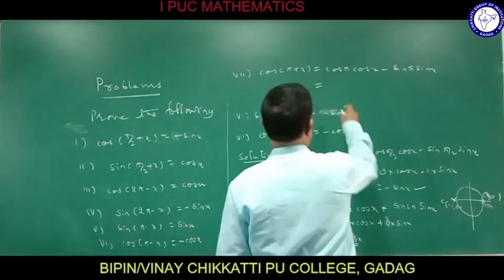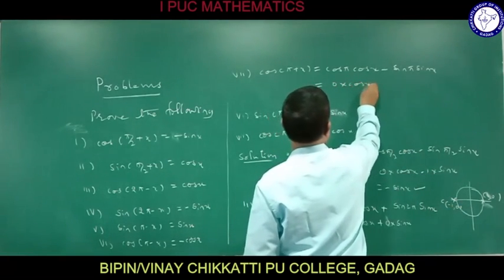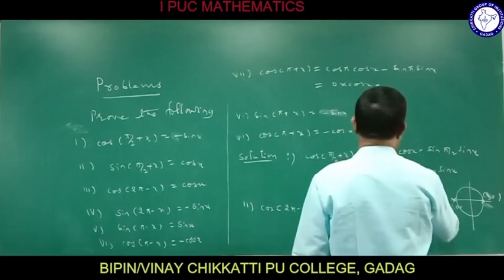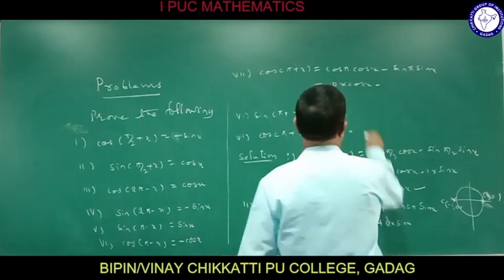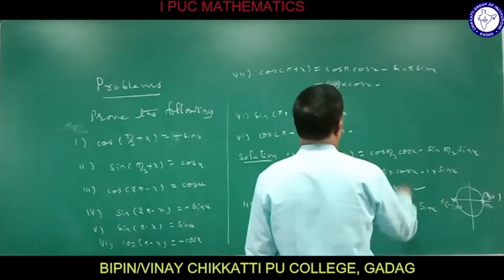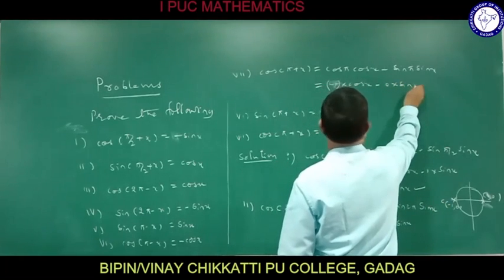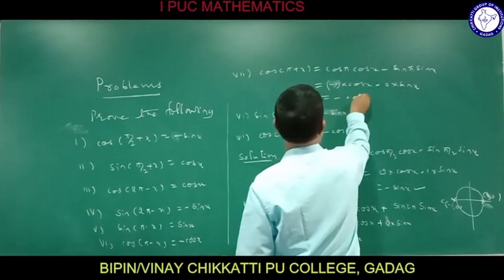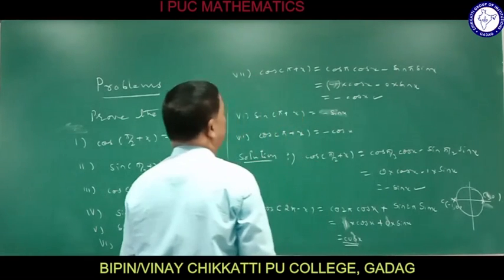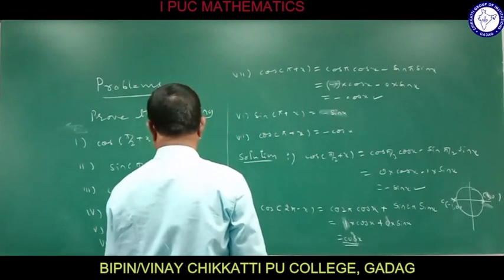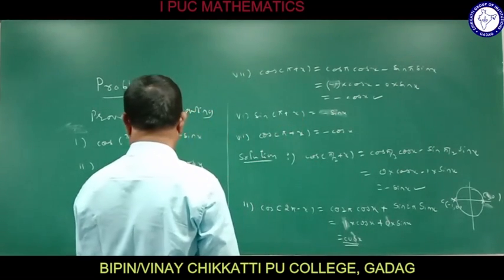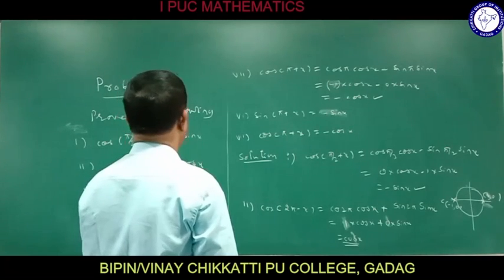So now cos pi is minus 1 into cos x minus sin pi, and sin pi is 0, into sin x. So what will be the answer? Minus cos x is the answer, where it is cos of pi plus x, and accordingly you have to go for finding the results.